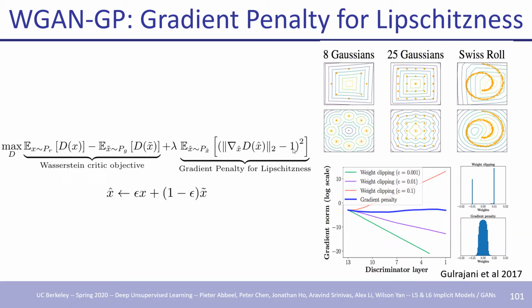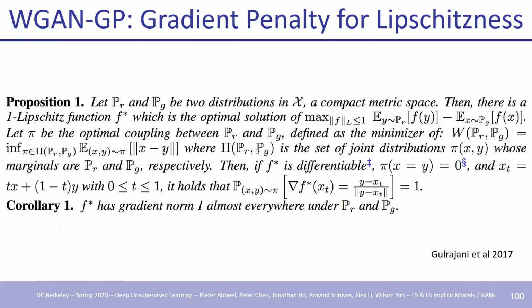If not, the loss function will try to squeeze this D towards the optimal one by making the gradient norm 1. Although you have to remember that it says f star has gradient norm 1, but if something has gradient norm 1, it doesn't say it's f star.